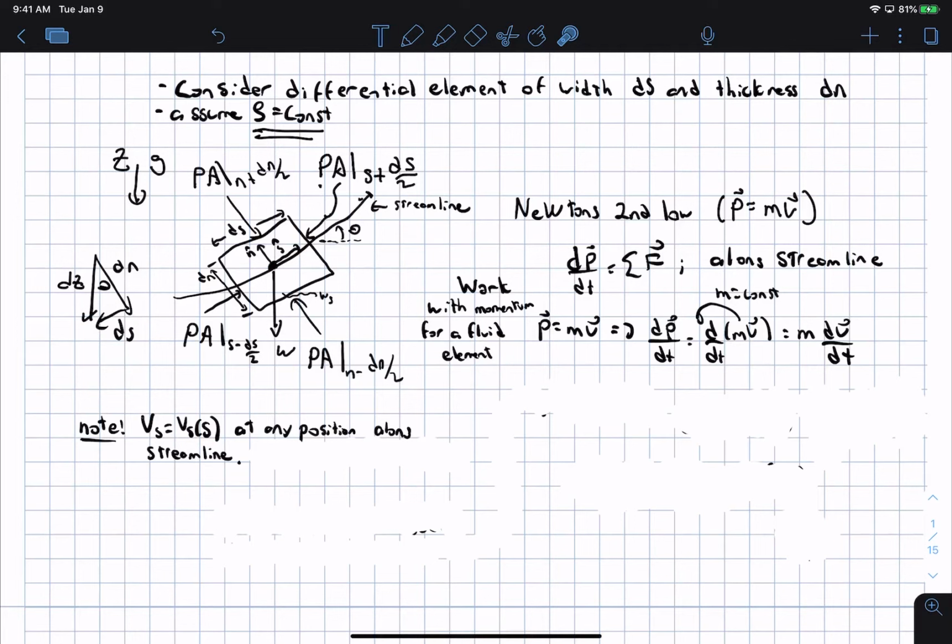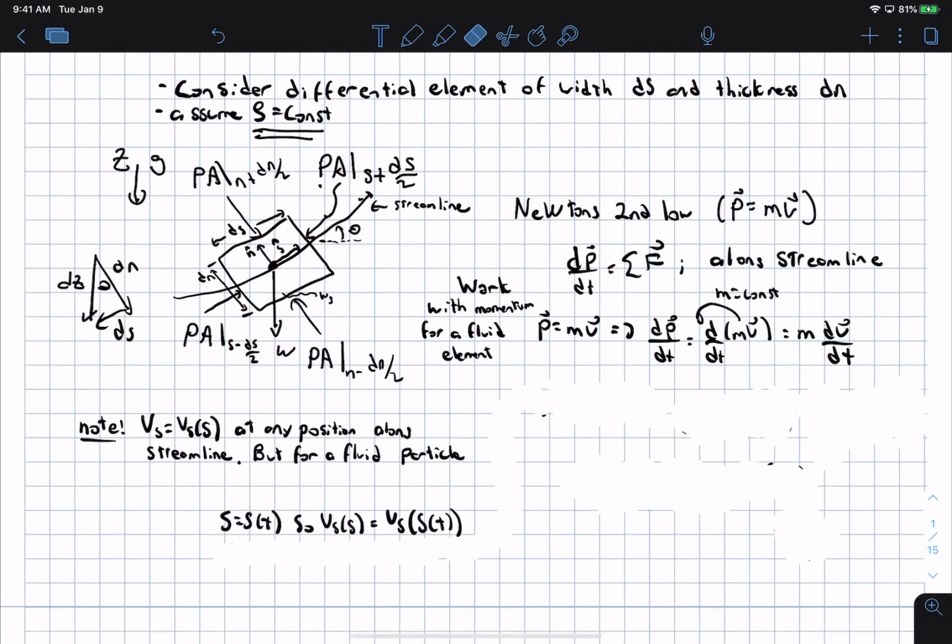But the fluid particle at, say, time 1 will be here, and at time 2 it'll move further down the streamline and be over here. So really its position is a function of time.